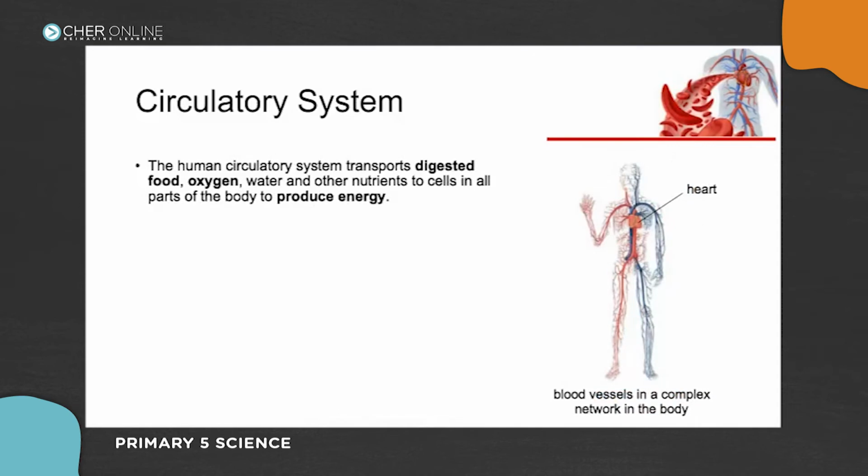Okay, so the human circulatory system basically transports digested food, oxygen, water, and other nutrients. These are the good stuff I'm talking about, because your body cells require digested food, primarily glucose, and oxygen for respiration, to release energy. At the same time, your organs, after respiration, will release a lot of carbon dioxide.